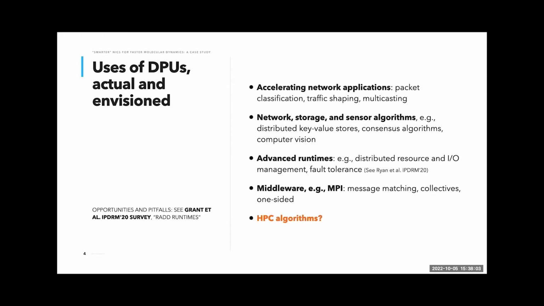And in HPC, people are looking at things like accelerating MPI operations. But the one that has not been explored much is HPC algorithms. In this work, we investigate if we can use the processing power of DPUs to accelerate HPC applications.